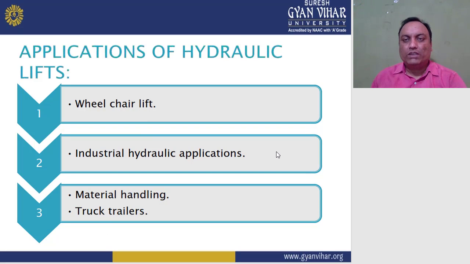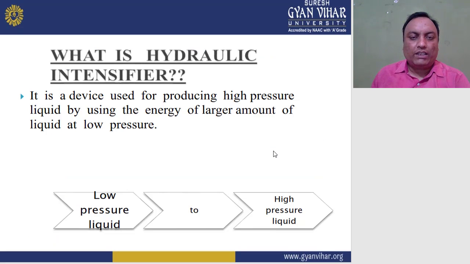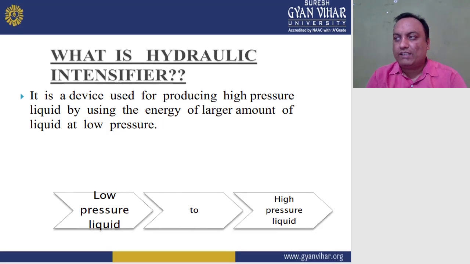So now we come to the next topic: the hydraulic intensifier. The hydraulic intensifier is a mechanical device which is used to increase the intensity of pressure of a fluid, and it utilizes the energy of a large quantity of liquid at low pressure.